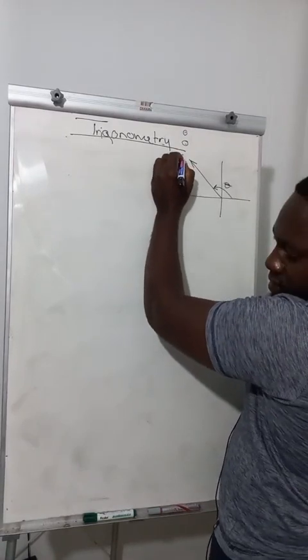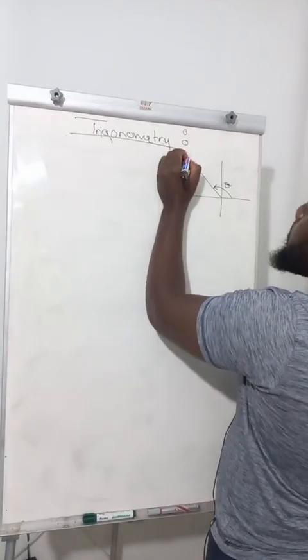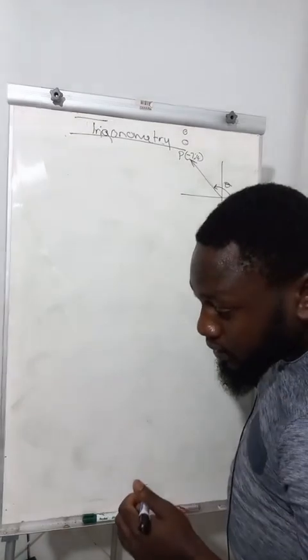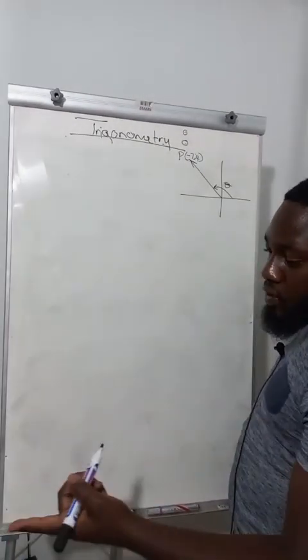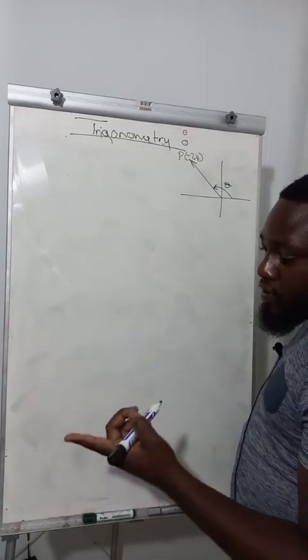Here you have P, which is (-7, 4). Now they say in the diagram below, P(-7; 4) is a point on the Cartesian plane.